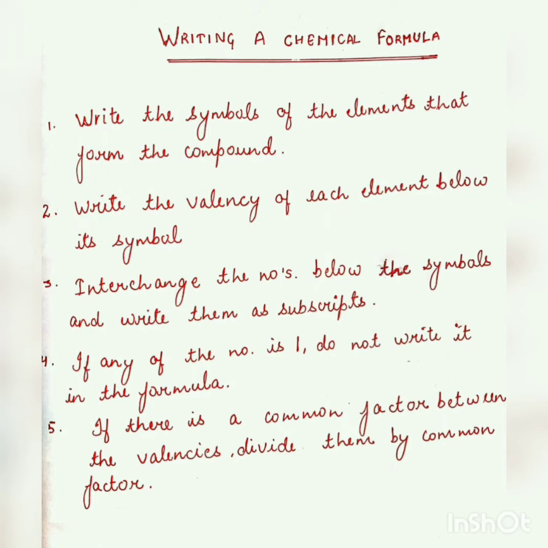Here, you should remember this thing while writing a chemical formula. If any of the number is 1, it's not included in writing the chemical formula. And if there is a common factor between the valencies, divide them by a quotient. Let's try to understand it with the help of examples.